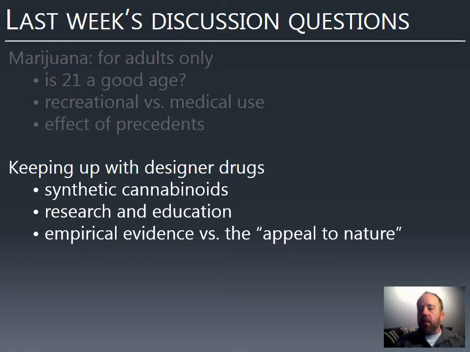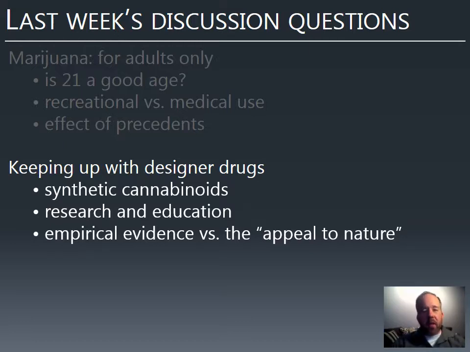And so we need to be careful about saying that something is better for you because it's a naturally occurring product. We'll talk in a couple of weeks about dietary supplements, which are often naturally occurring products and may do nothing or may be actually harmful. So just because something comes from a plant or occurs in nature doesn't necessarily mean that it's good for you or that it's better for you than the synthetic equivalent.